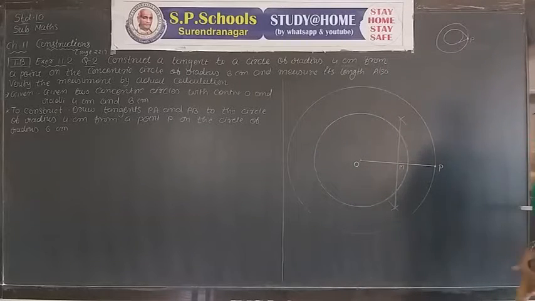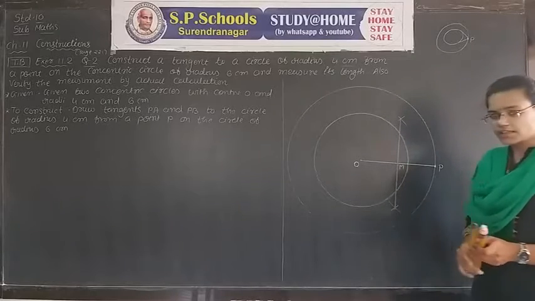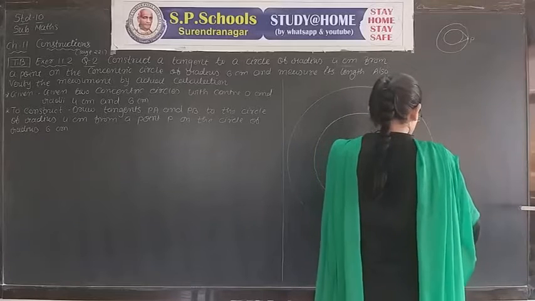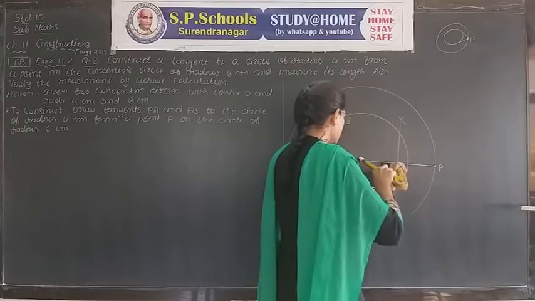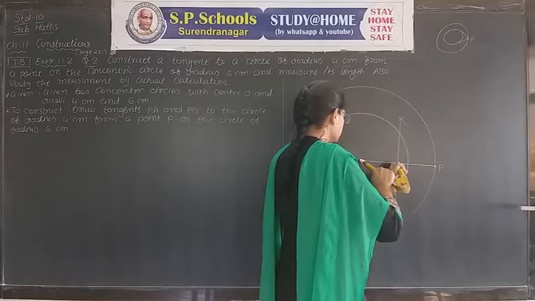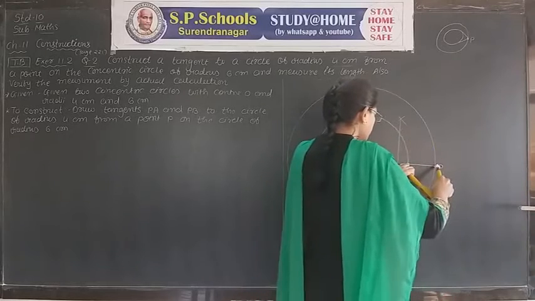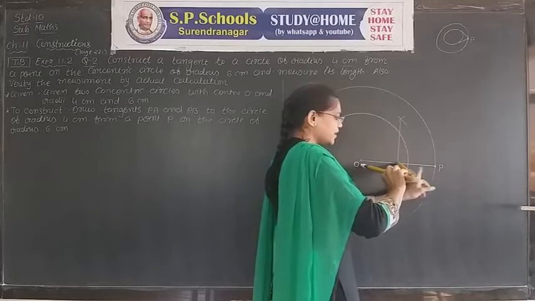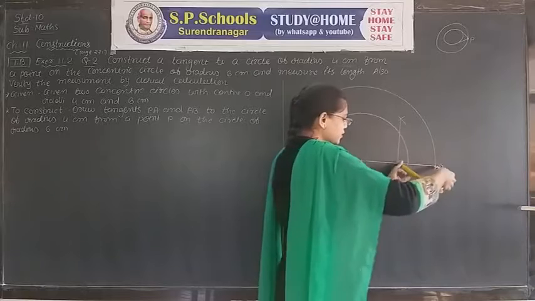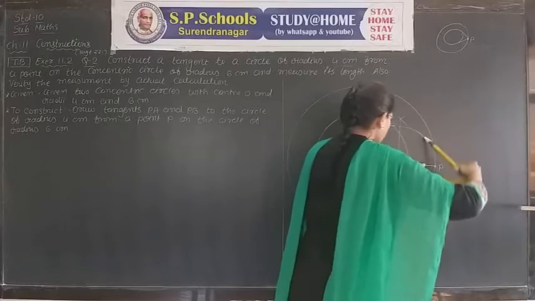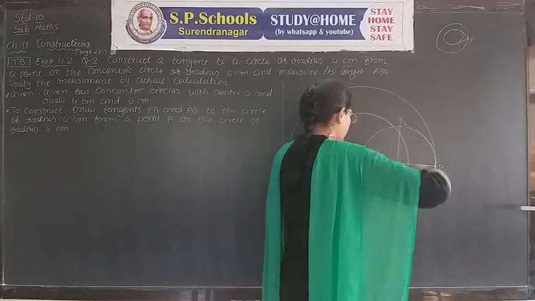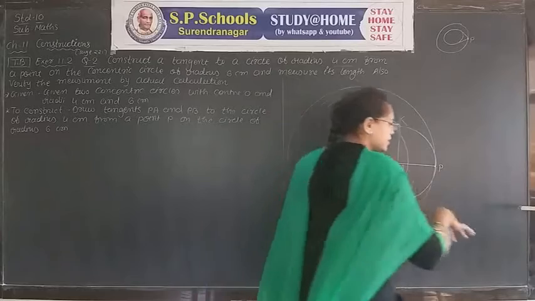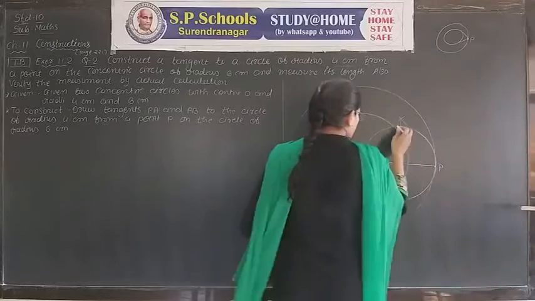Now the procedure is the same. Take M as the center and MP as the radius; MP and MO are both the same. By taking M as the center and radius equal to MP, draw one circle which passes through both points O and P, and which intersects the previous circle at two points.